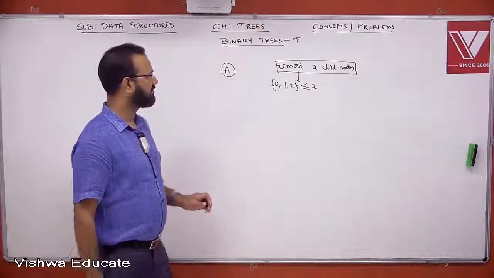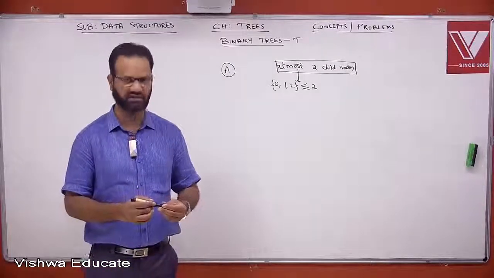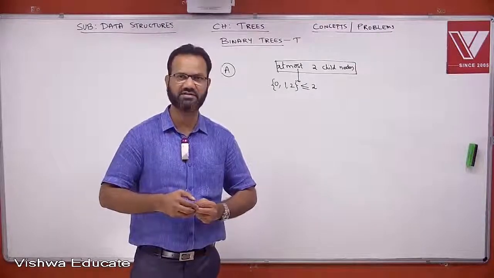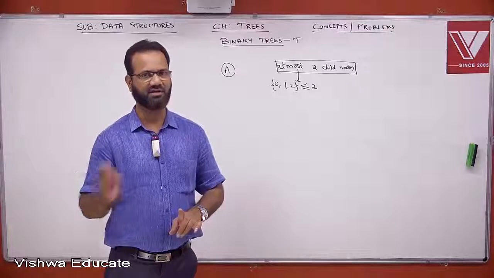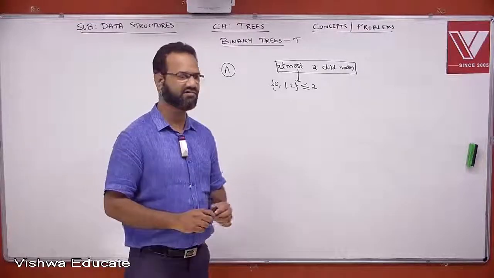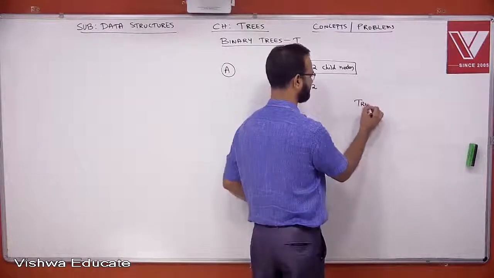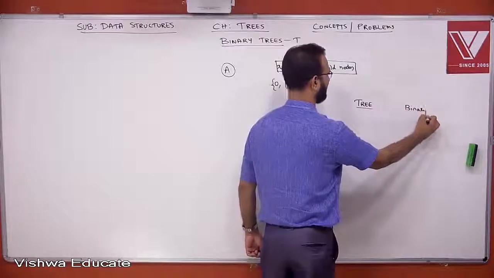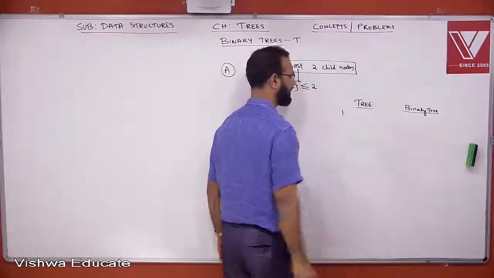Okay. Then what are the differences between a tree and a binary tree? One difference we have already come across in the definition itself. The definition says that a binary tree can be empty, whereas a tree cannot be empty. That is the first difference. Tree over here, binary tree over here. What is the first difference?